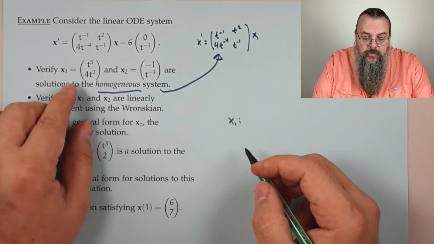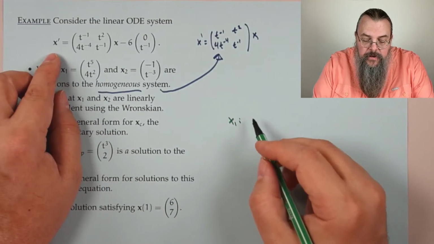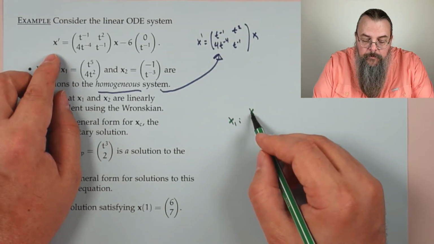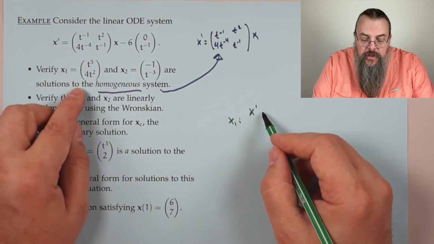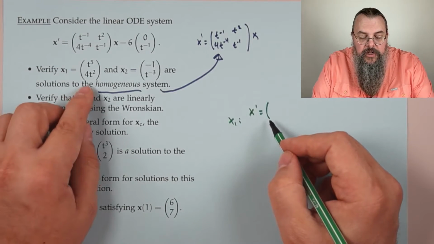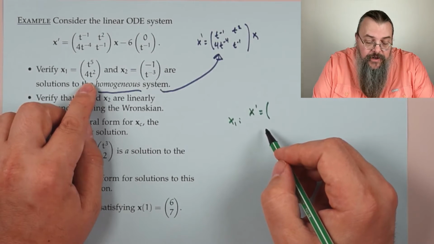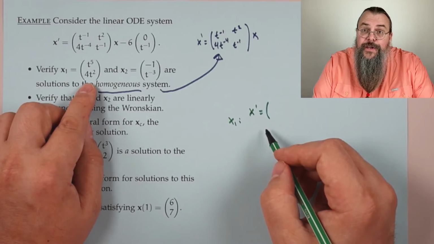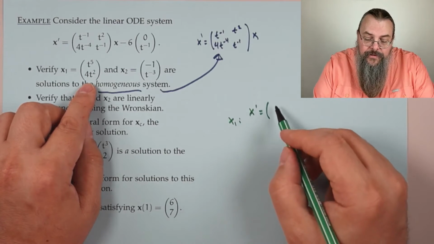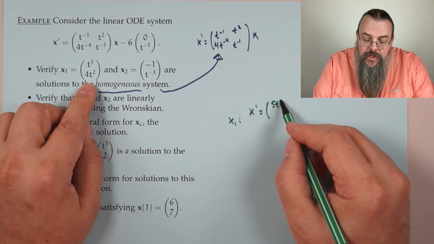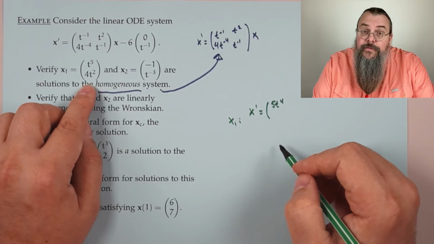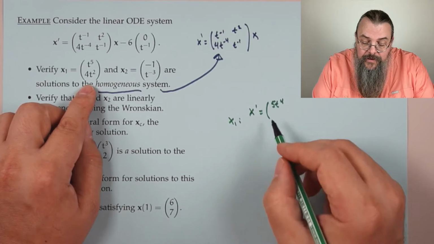So we have our x prime. Well, we're going to take the derivative. How do you take the derivative? You do it entry-wise. So the derivative of t to the 5th is 5t to the 4th. Derivative of 4t squared is 8t.